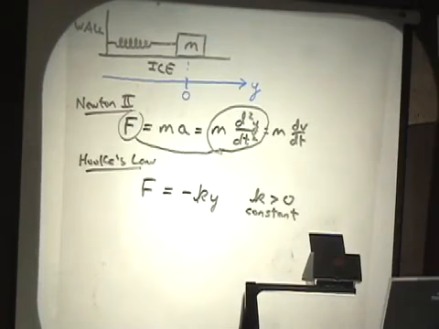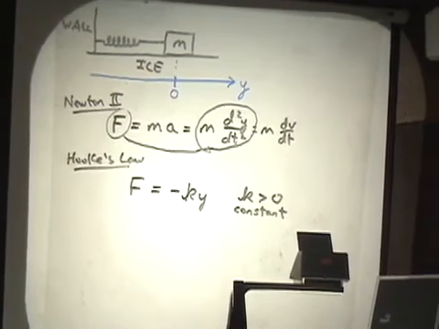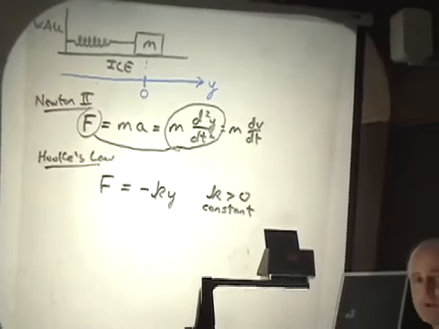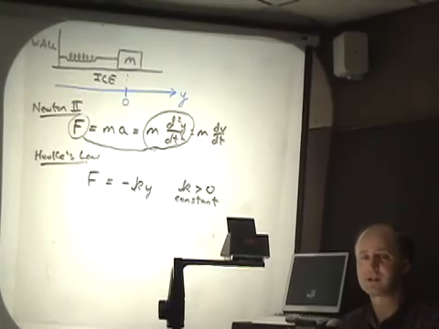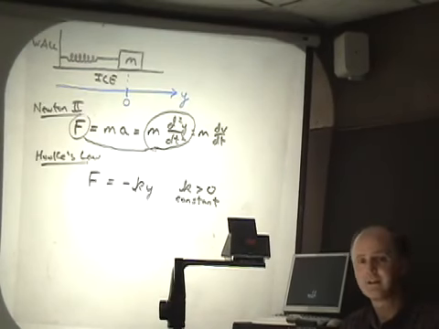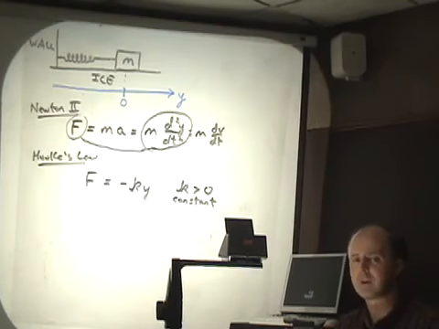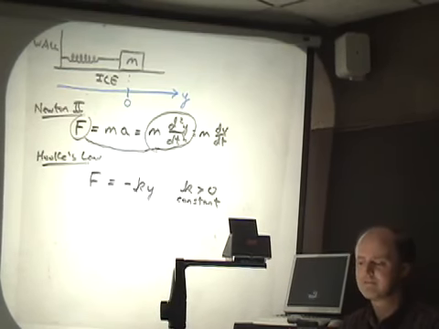K will not change. This is really an assumption. That's what you do with modeling, is you make assumptions, and then you hope that your assumptions, especially if you keep them simple like this, are true. Whether or not they really are true is something that you have to verify with experiments.